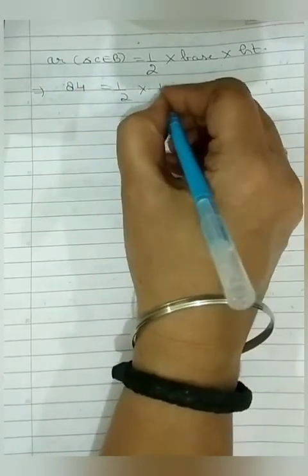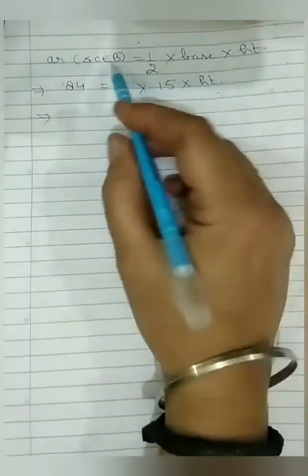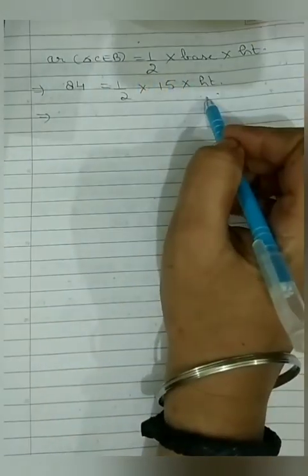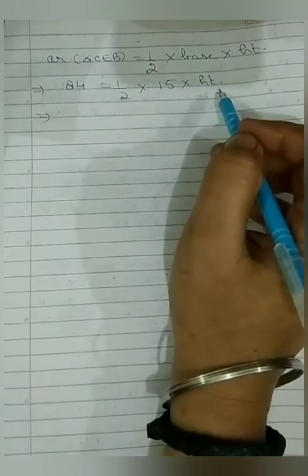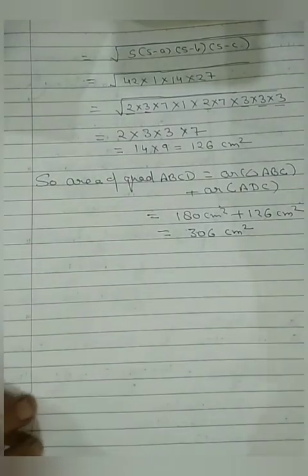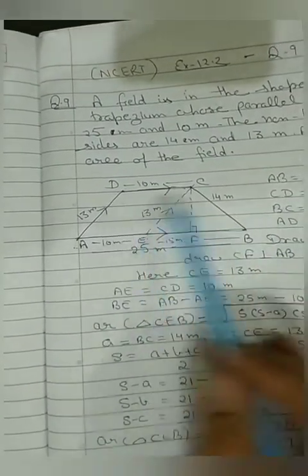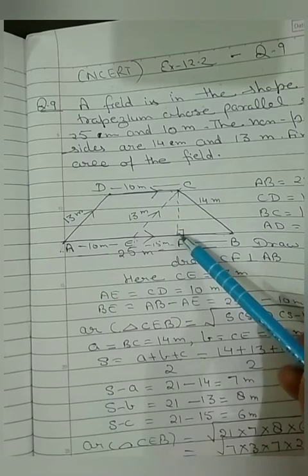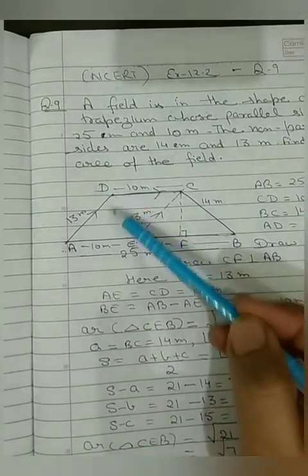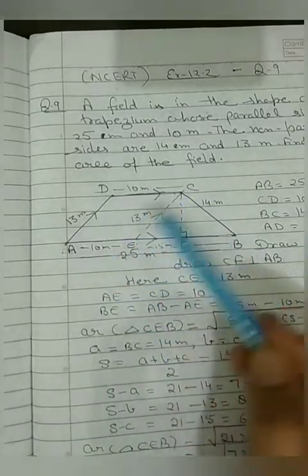Half base is 15 and height we are going to find, as this height of triangle CEB will also be the height of trapezium ABCD, because if we come back to our figure, as these lines are parallel to each other, the height CF is the height for the trapezium also, the height between the two parallel sides.